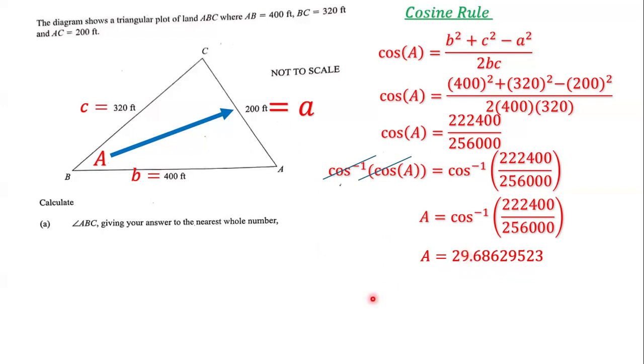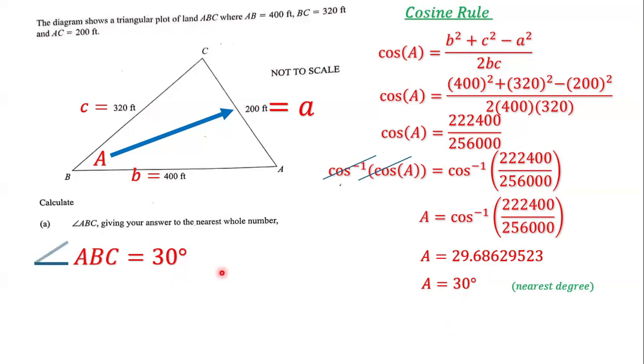So if we add 1 to this 9, that becomes 10. And so this 9 becomes a 0, and we add 1 to 2, and 2 plus 1 is 3. And so that means that A is equal to 30 degrees. And so angle ABC, correct to the nearest whole number, is equal to 30 degrees.